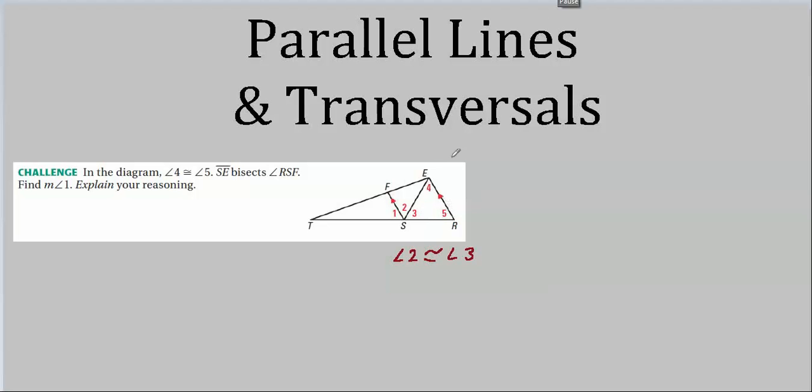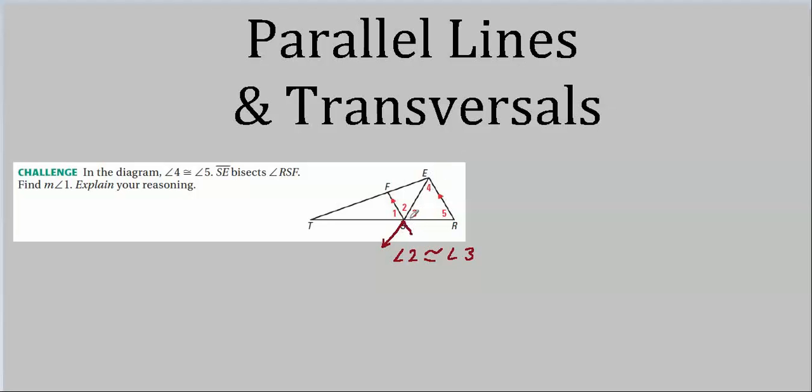I started to use something that's not quite true. Remember, this transversal extends off that way, right? Which means that this entire angle here, so the supplementary pair between 3 and 4 would actually be this one here, which is not angle 3.